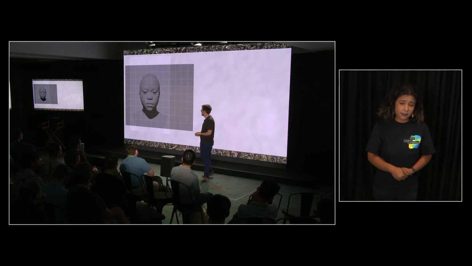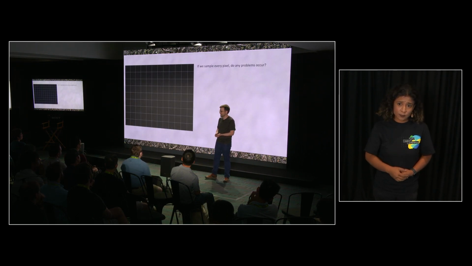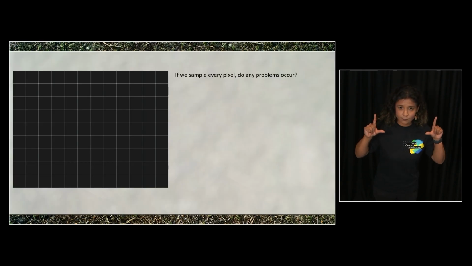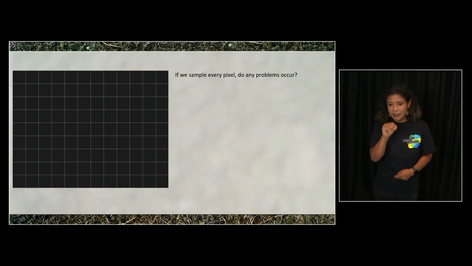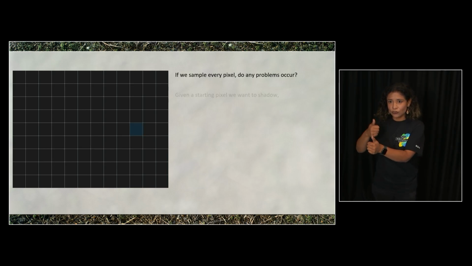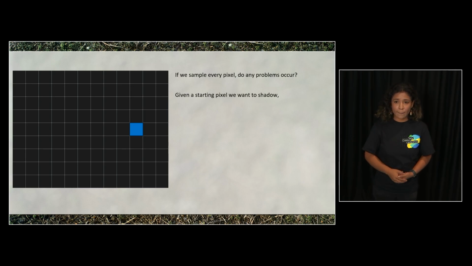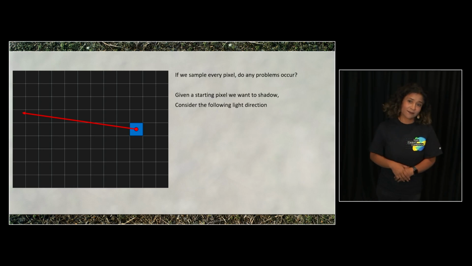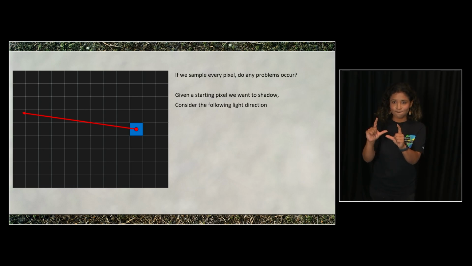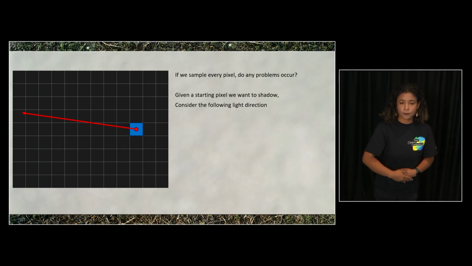So, let's zoom in on my lovely little grid. What happens if we sample every single pixel along the ray for a certain distance? Well, spoiler alert, bad things. So we're going to start with this blue guy, that's our pixel, and this is our rough ray direction in screen space. So consider this direction.